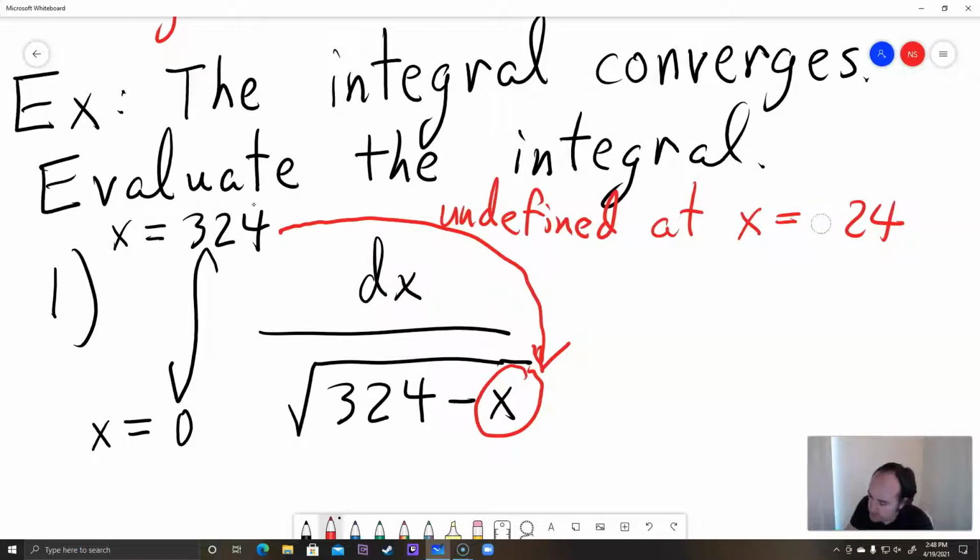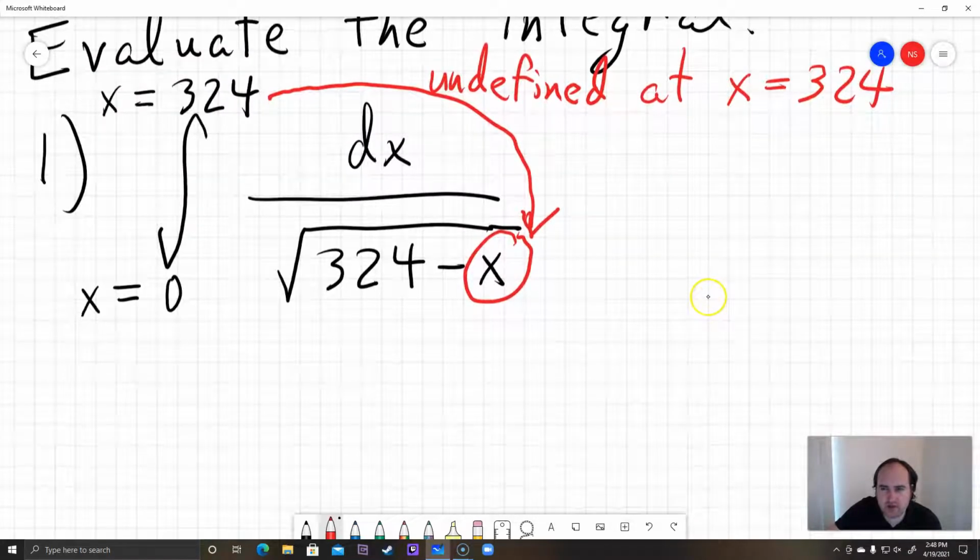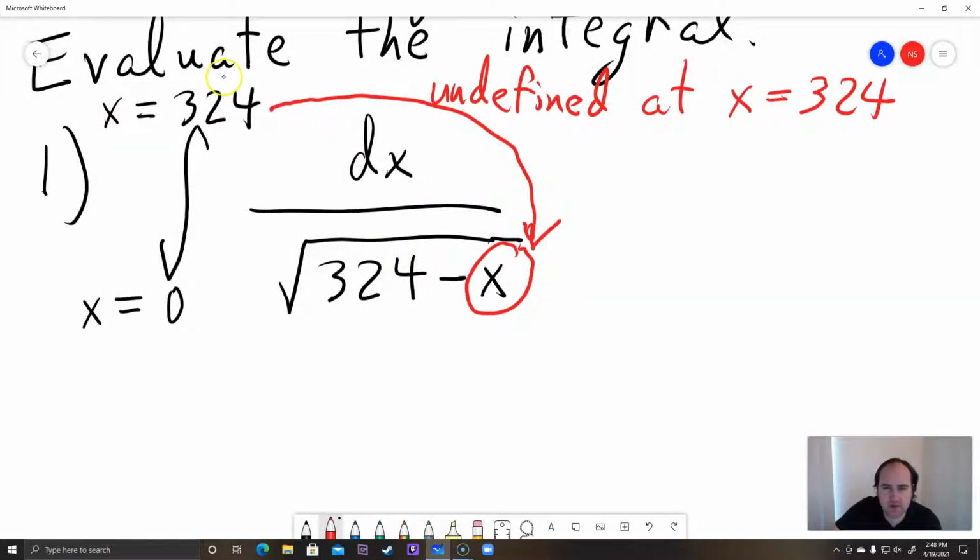Technically, what you're supposed to do in this situation is remember that, and then after you've done your antiderivative, you're supposed to write it as a limit. Because the original function is undefined at x equals 324, since we'd be dividing by 0, we rewrite it as a limit.